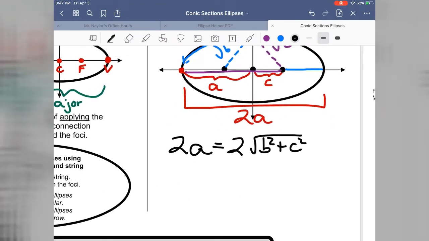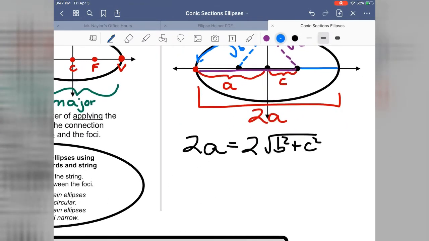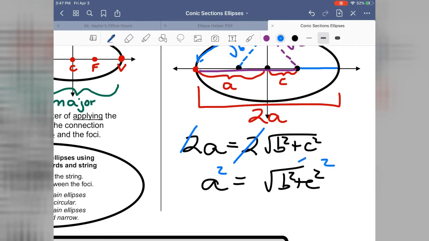Theoretically, this would be true. And if we do a little simple math, we can cross out the 2's, and we can square away the square root, and we end up with a statement that you will come to know that says that b squared plus c squared is equal to a squared.